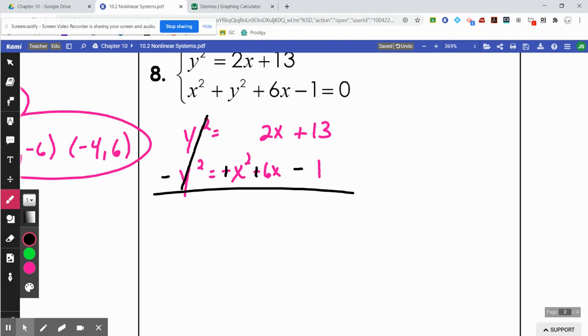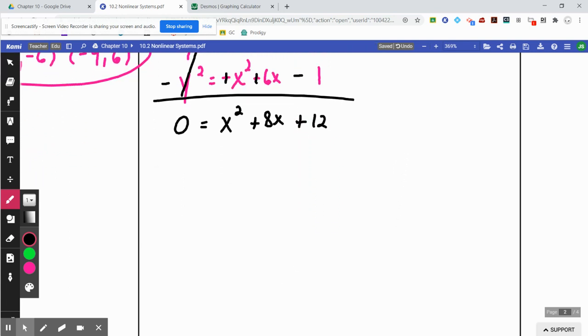Now you have to be careful because you need all the y's, including all y squareds, including all y's as well. Here you would not have been able to eliminate your x's because you don't have any x squareds to eliminate with the x squareds down bottom. So now you have 0 equals positive x squared, add them together, that'd be a positive 8x and a positive 12. So that's how elimination works.